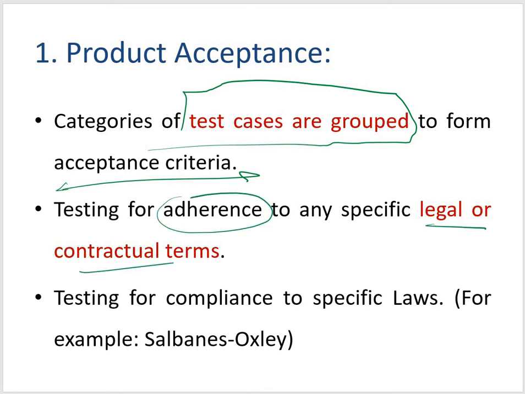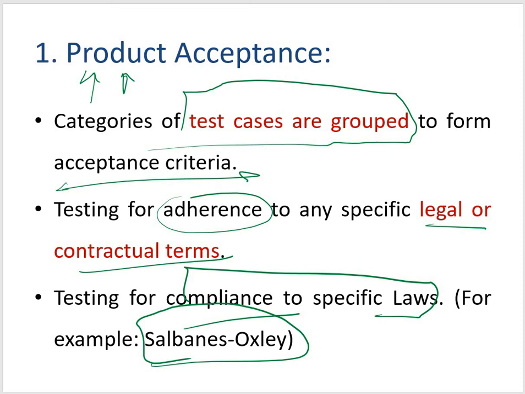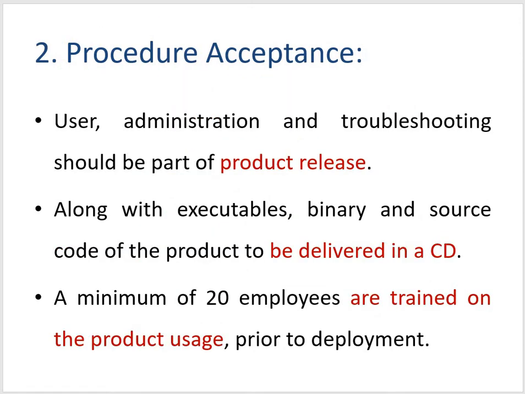So your categories of test cases are grouped to form a particular acceptance criteria, and testing for adherence to any specific legal or contractual terms is also looked for in product acceptance. So testing for compliance to specific laws is also required. For example, your Sarbanes-Oxley law is very popular, right? In the US, it's majorly followed for accepting a particular software. So this was about the product, whether to accept it.